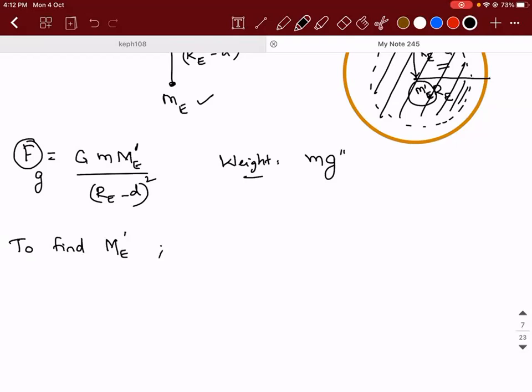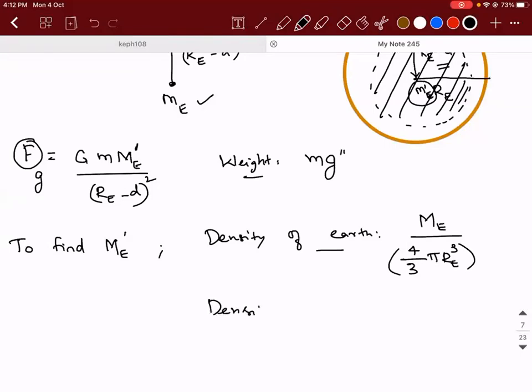Now what I'm going to do is, listen, density of earth is how much? Mass of the earth divided by the volume of the earth. Correct?